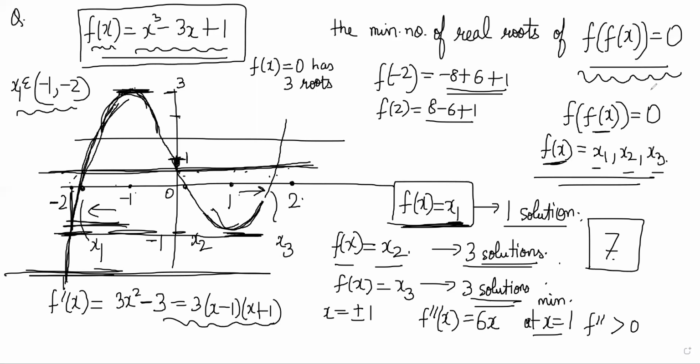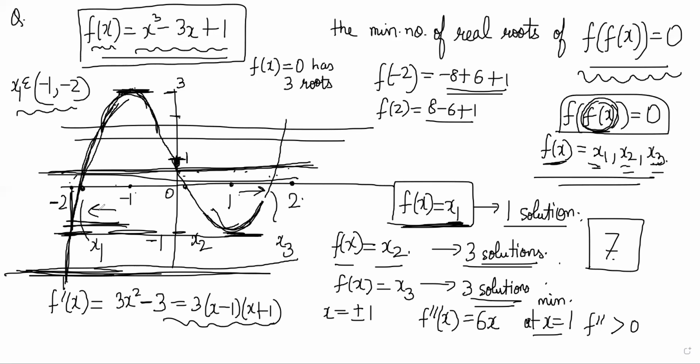Yes. f of x being 0 means the f of x inside must be equal to one of those roots. So the equations to be satisfied are f of x equal to x1 or x2 or x3. And x1 is below -1, so it is below the minimum here. So when f of x is equal to that constant, it will cut only once in this region, and the other two will cut 3 times, right? Right. So that is how you figure out the number of real solutions possible for this.